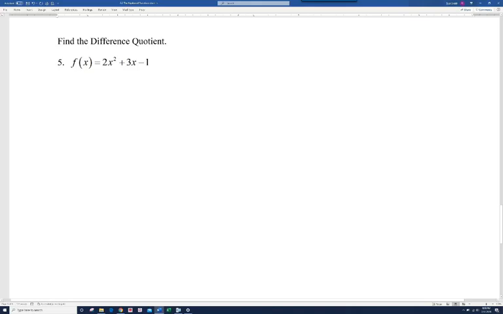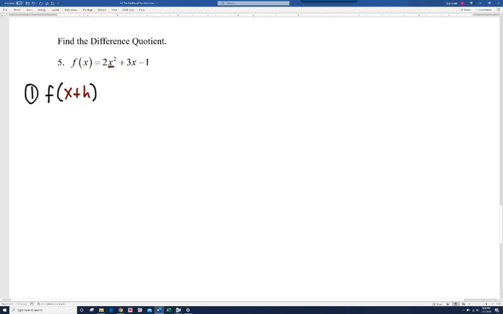So I would encourage you to maybe give this a try, but I'll just warn you, the algebra is a little bit, I mean, it's not terrible, but it's a little bit more involved. All right, so let's see how you did. So first of all, we want to find f of x plus h. Now keep in mind here, there's 2 places where we're going to be plugging in our input.